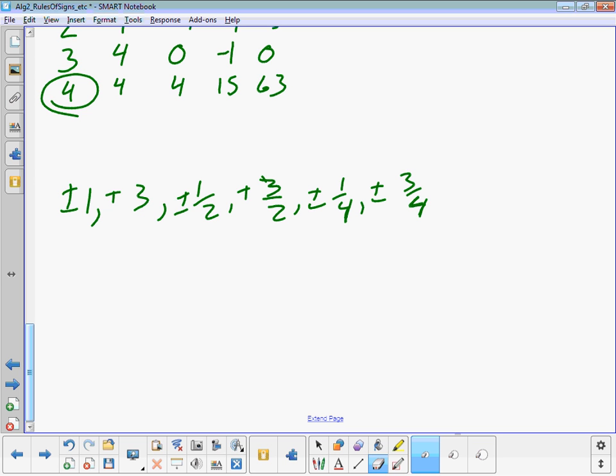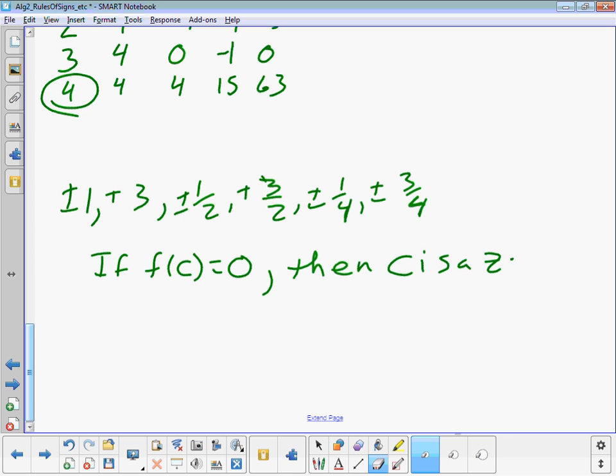Now, as a reminder, the remainder and factor theorem says, if f of c equals 0, then c is a zero or a root or a solution of f of x. In other words, there's no remainder, so that would have to be a factor of that function. So I just need to try it on all of these numbers.